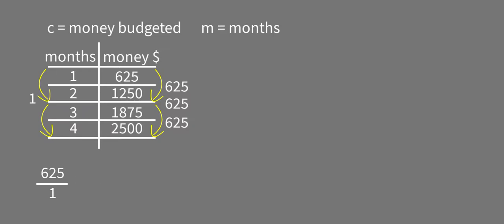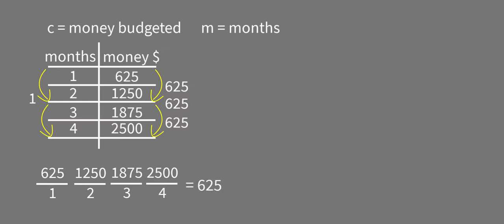Does that equal 1,250 over 2? 1,875 over 3, and 2,500 divided by 4. Yes, all of those equal 625. So our rate of change, or our slope, is $625 per 1 month.